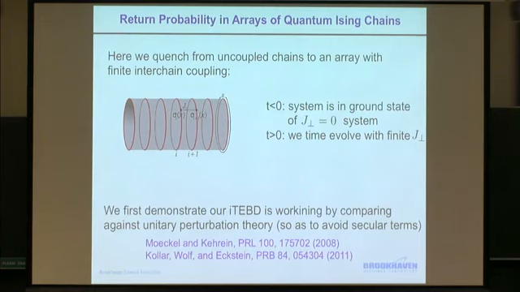The initial state is the uncoupled chains, and at time t equals 0, we suddenly turn on a coupling between the chains. If the coupling is small, the system will remain disordered, but we can turn up the coupling large enough to pass the critical point and quench into the ordered phase.